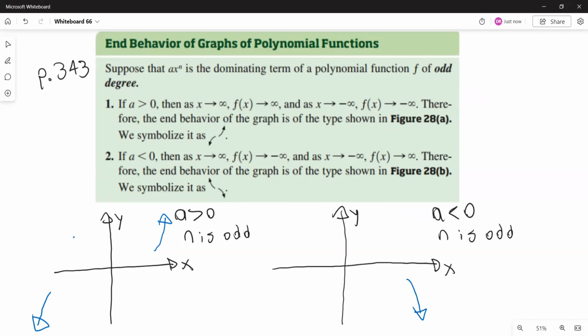There might be some things in between, some turning points or some zeros, some intercepts. And as x approaches negative infinity, f of x approaches infinity. And that's going to be the notation in general.